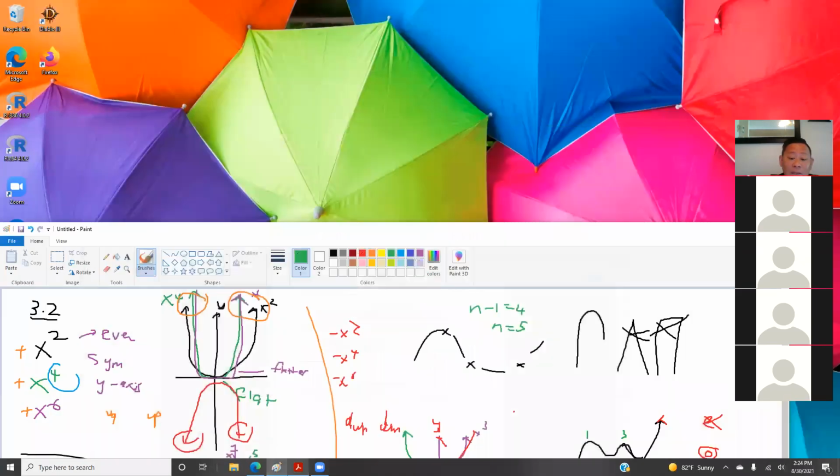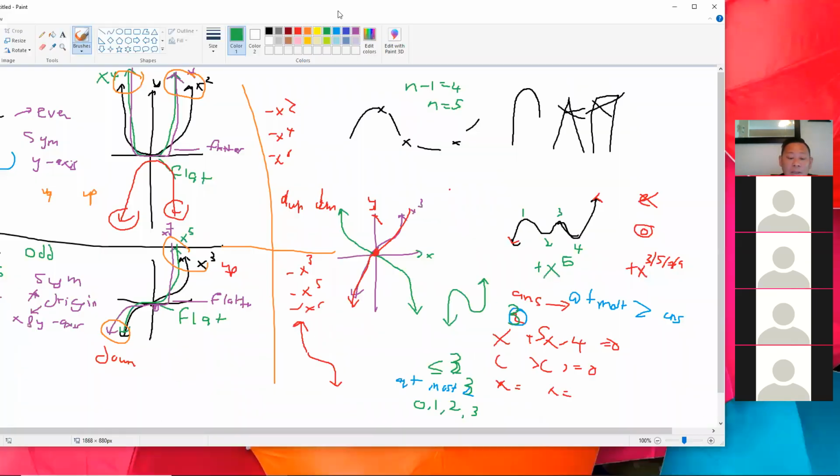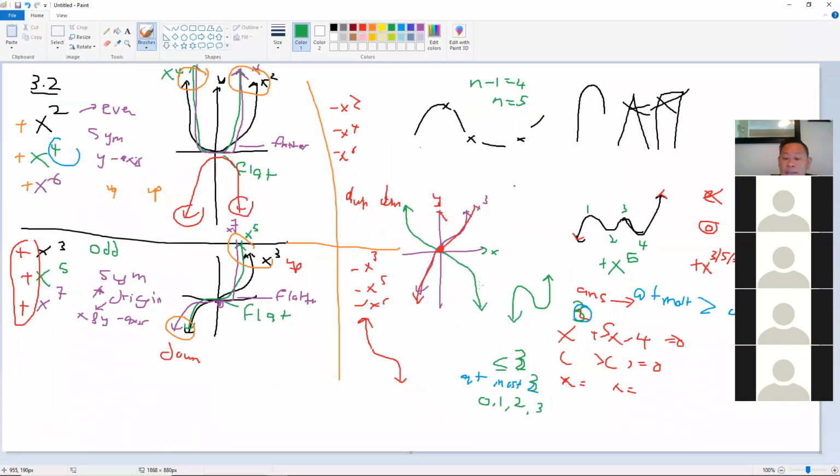So for example, if I give you x squared plus 5x plus 4, let's say this is the function, and I want you to find the zeros here. How do you find the zeros?